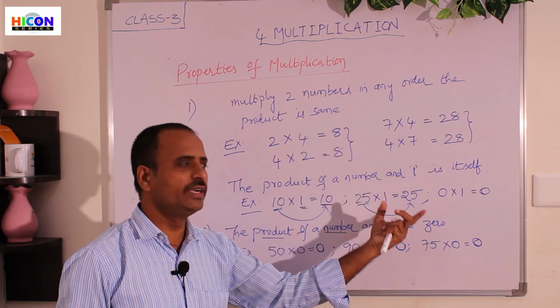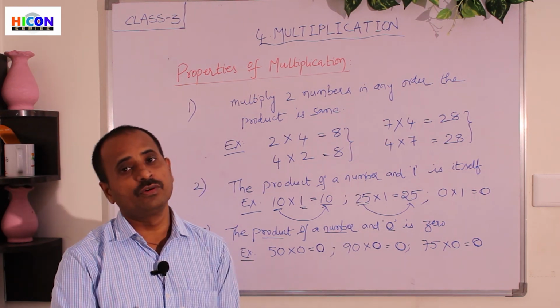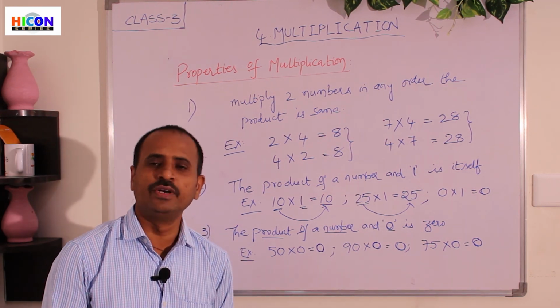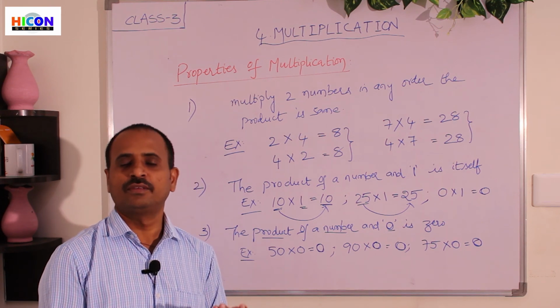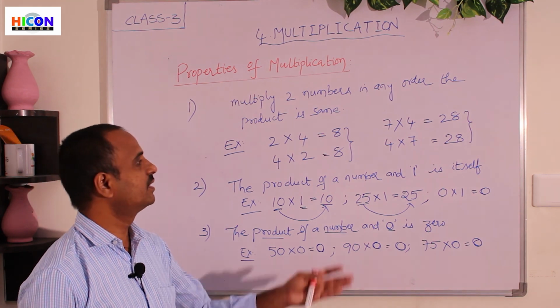And 7 fours are 28, 4 sevens also 28. 2 fives are 10, 5 twos are 10. 7 threes are 21, 3 sevens are 21. So in this way, we can multiply any two numbers in any order, we will get the same product.